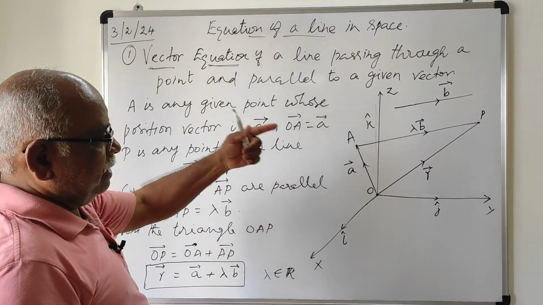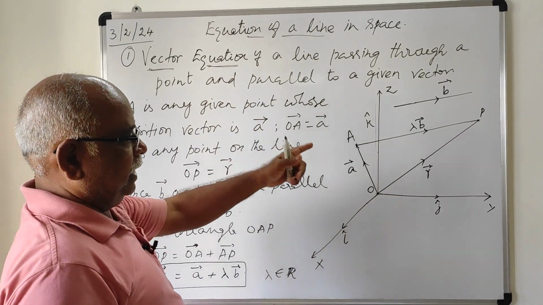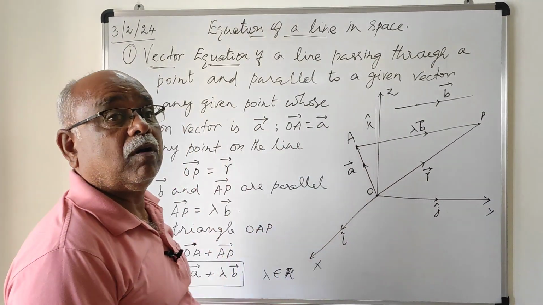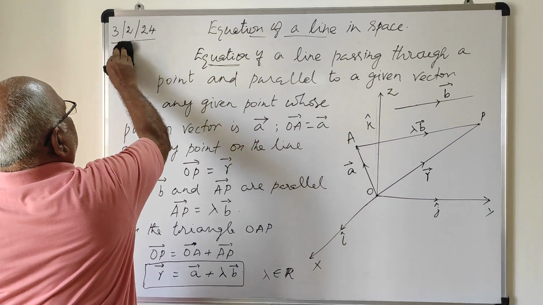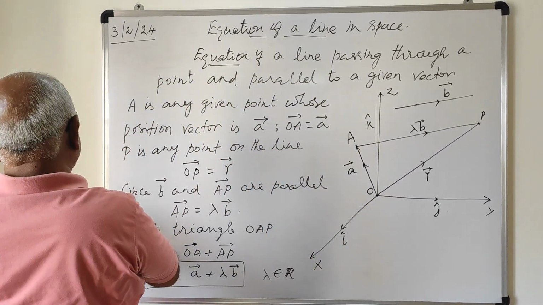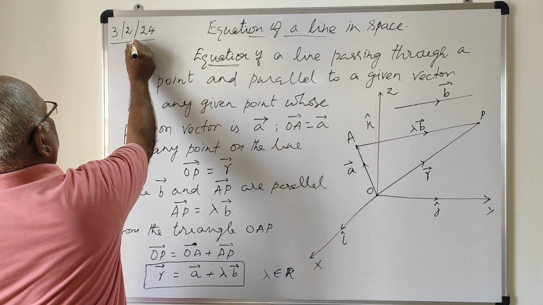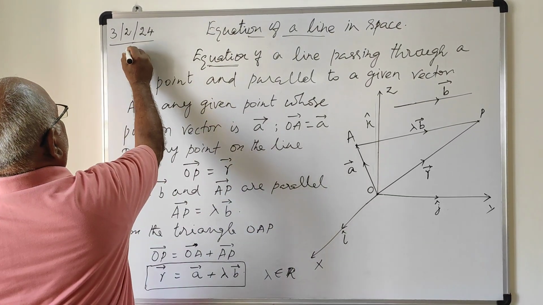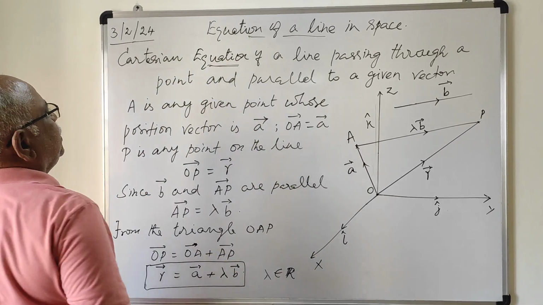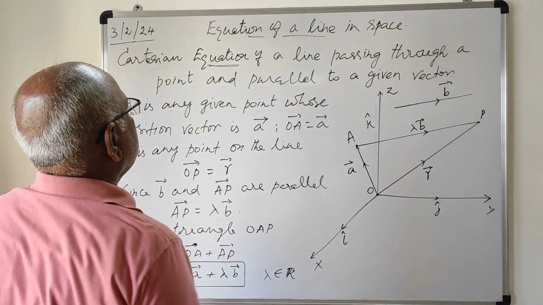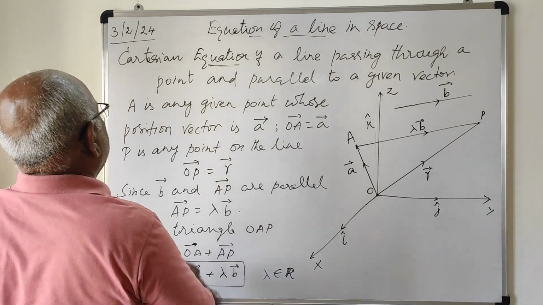Now for the same line, how do we find the Cartesian equation? This was the vector equation. Now the Cartesian equation of a line passing through a point and parallel to a given vector.